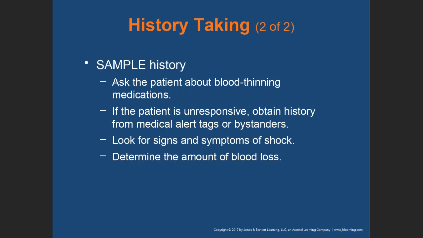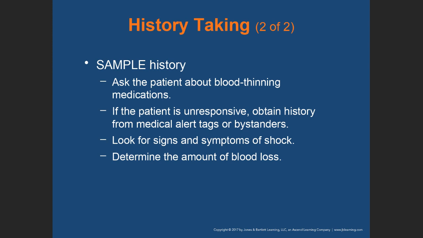We can get information directly from the patient, from bystanders, from family members, and we can look at the scene for clues. Pulse ox, pupil reaction, and GCS must be included in vital signs. SAMPLE history: ask the patient about blood thinning medications.